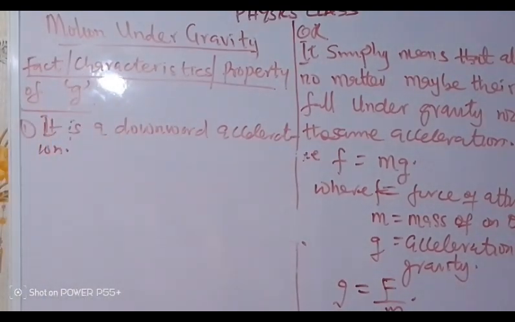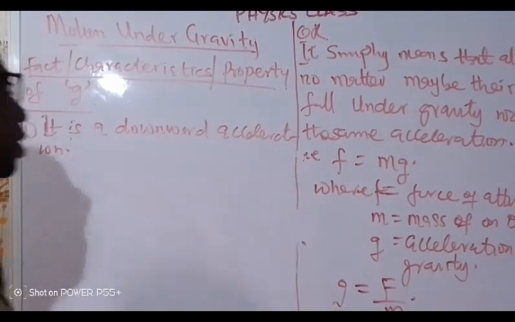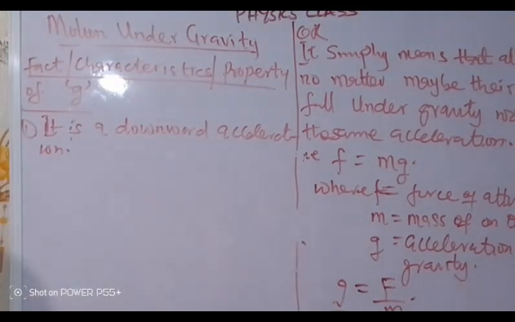That is, when you throw any object up, definitely because of the acceleration due to gravity, the object must come down. So, acceleration due to gravity is a downward acceleration.